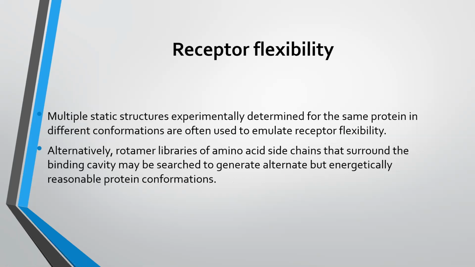So these are the two different ways by which you can introduce different conformations of the protein structure while performing the docking analysis. That's how receptor flexibility can be incorporated in the docking algorithm.